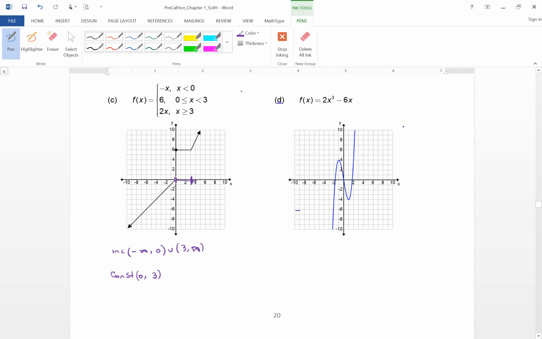What about this next one? It's increasing from negative infinity to where? Negative 1. And again from positive 1 to positive infinity. Right?